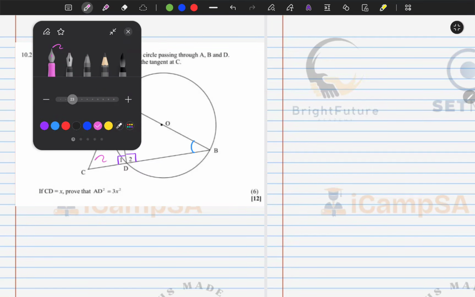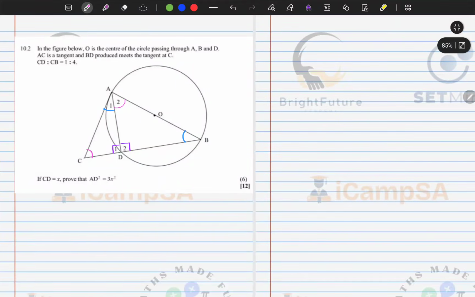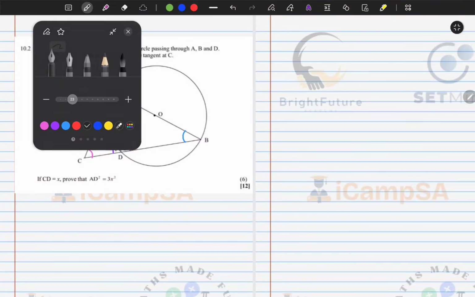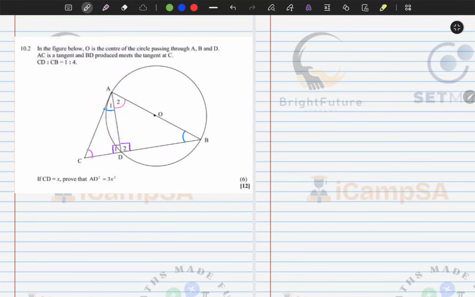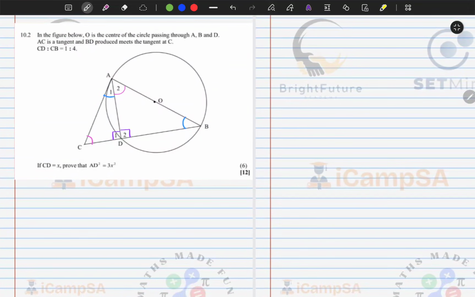And then this angle here will end up being equal to that angle by virtue that it will be the third angle. Okay, so which means here you're looking at triangles that are similar. So we can put sides such that they divide in proportion. Okay, but let's deal with the angles.